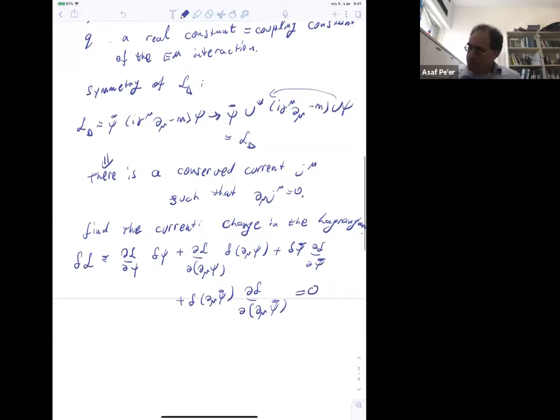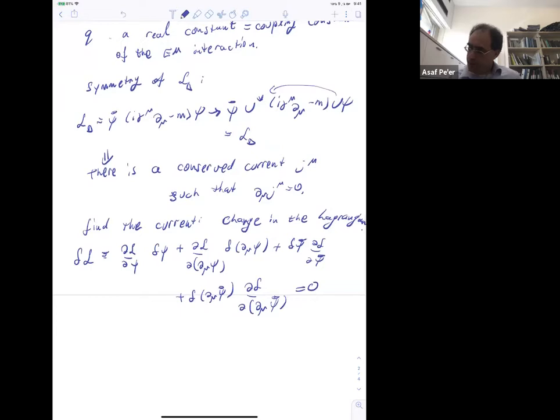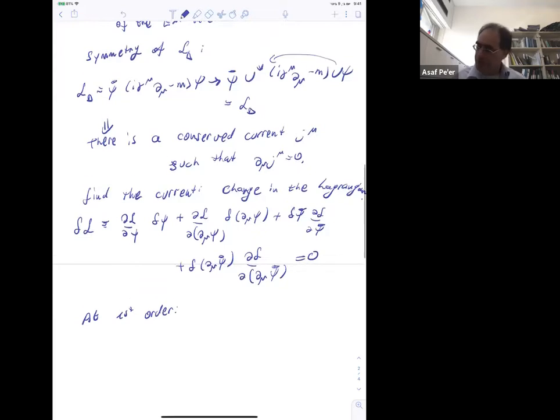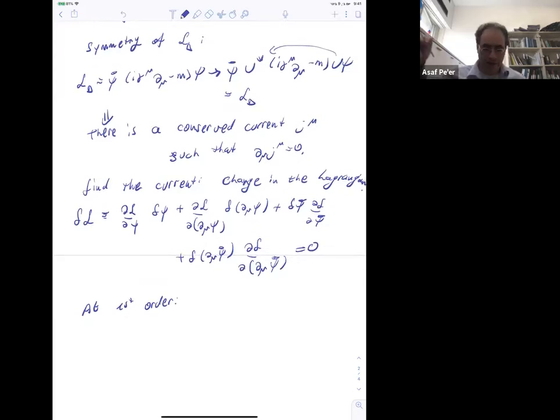Now, changing the Lagrangian when we're making this phase transformation, at first order, the transformation we have is psi goes to e^(i q chi) times psi. We can write e^(i q chi) as 1 plus i q chi, an infinitesimal change.